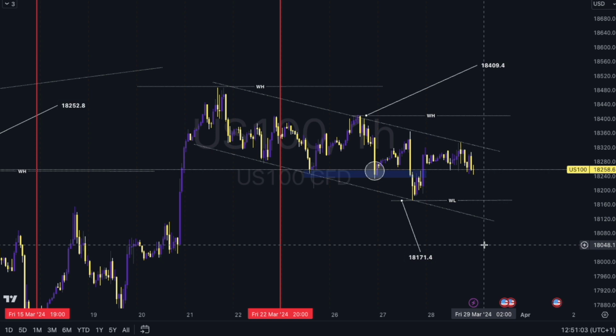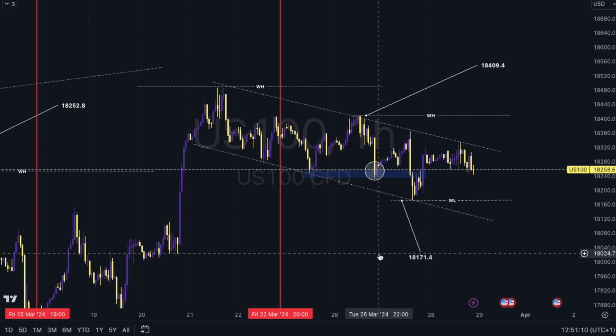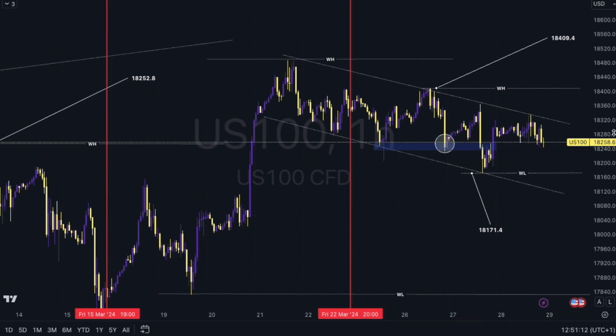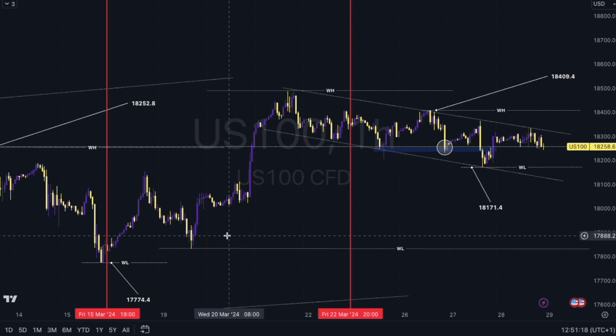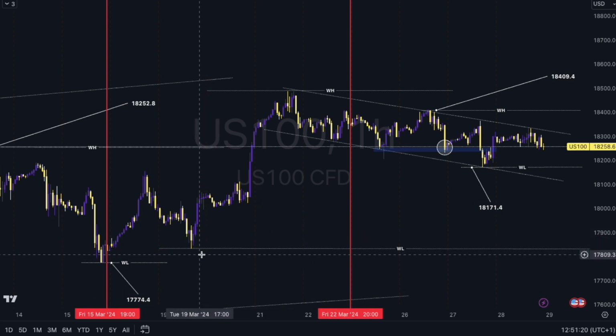If either one of these two levels is taken out, then I'll be looking for a position in the corresponding direction. As you can see right now, in regards to overall positions of the market, no major level has been taken out. Last week's low was not taken out.